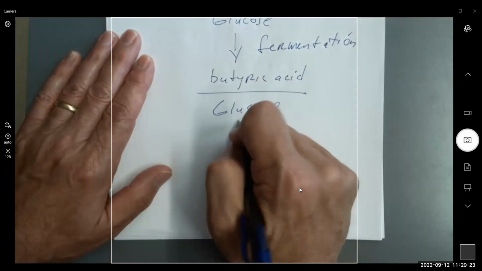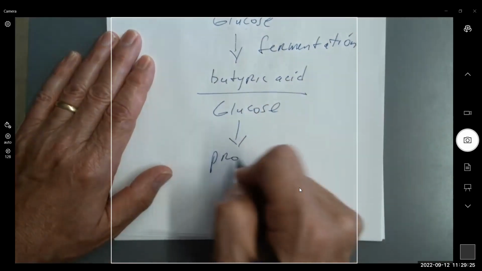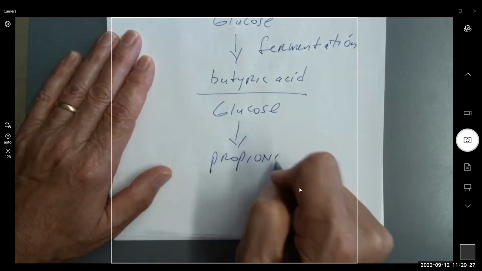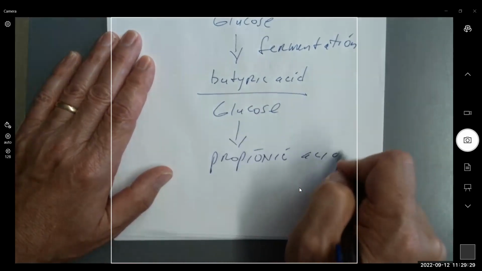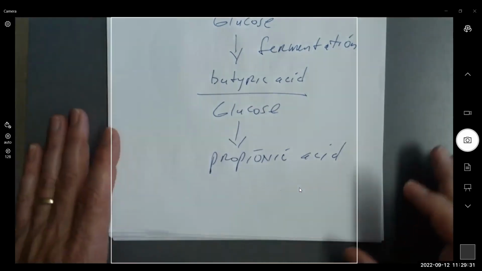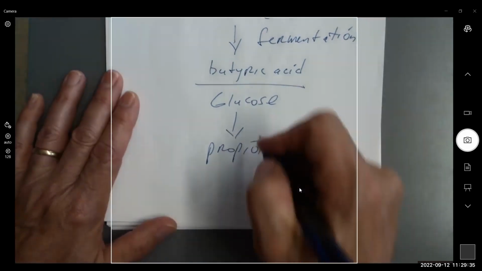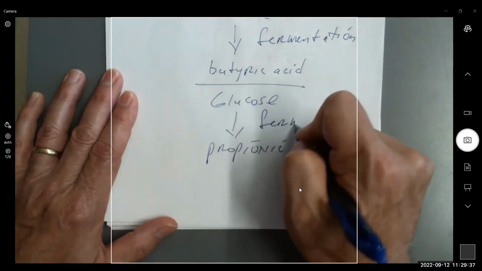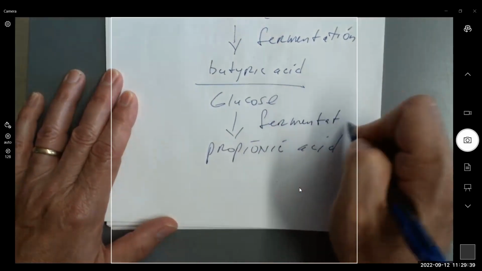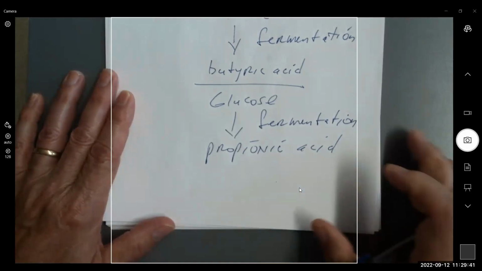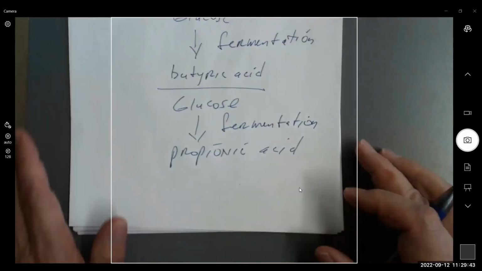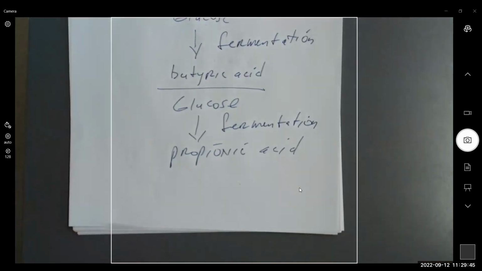They take glucose and ferment it to propionic acid. That gives Swiss cheese its sharp taste, the propionate. That's also fermentation. So when you hear fermentation, don't just think ethanol.